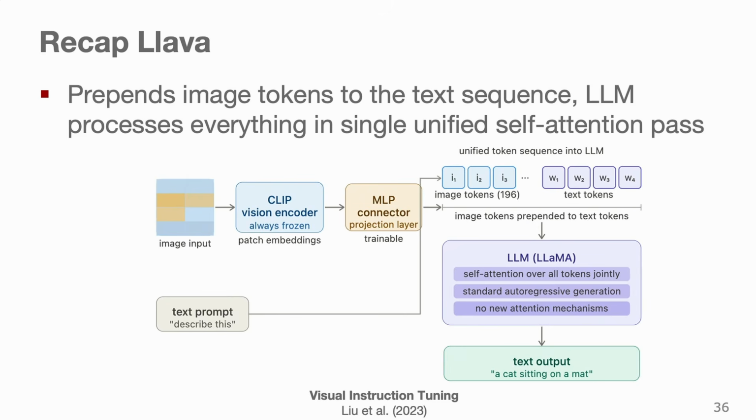And so the first idea to explore how to do this is similar to the LLaVA architecture we saw a few weeks ago. If you recall, this was about how to add vision to an LLM, in the context where we were discussing VLMs. The idea was to prepend image tokens to the text so that the LLM then runs standard self-attention over this unified sequence, so that image tokens and text tokens are together without any modifications to the attention mechanism and so forth, right?